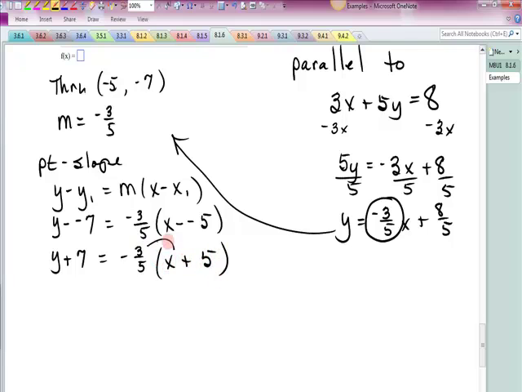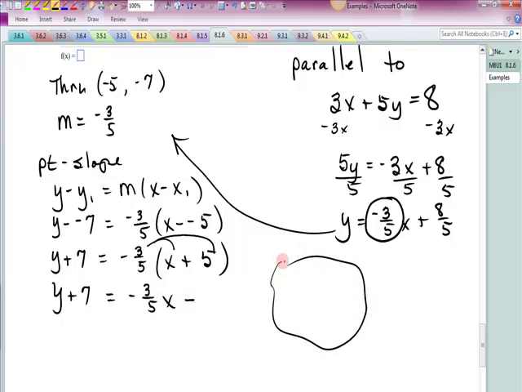Use the distributive property. y plus 7 is equal to negative 3/5 x minus, all right, I need to multiply negative 3/5 times 5 over 1. The 5s divide out, and I get minus 3. Subtract 7 from both sides, and I end up with y is equal to negative 3/5 x minus 10.